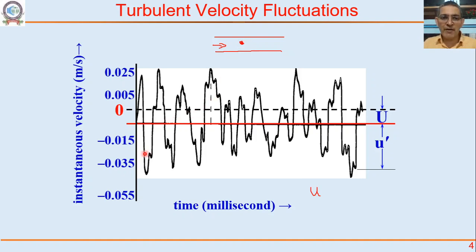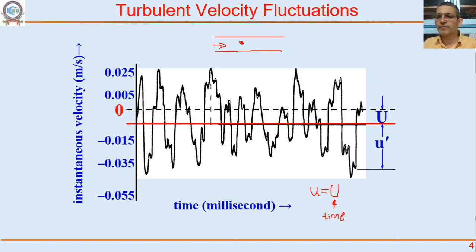So if you take average of all of this, let's say it is like this red line, time average. We are going to call this capital U, or a capital V for velocity. So that's called the mean velocity. Mean doesn't mean cross-sectional average. Mean means it is time averaged.